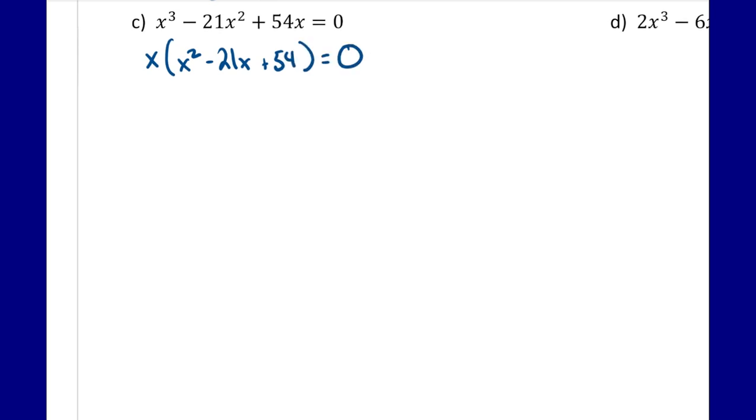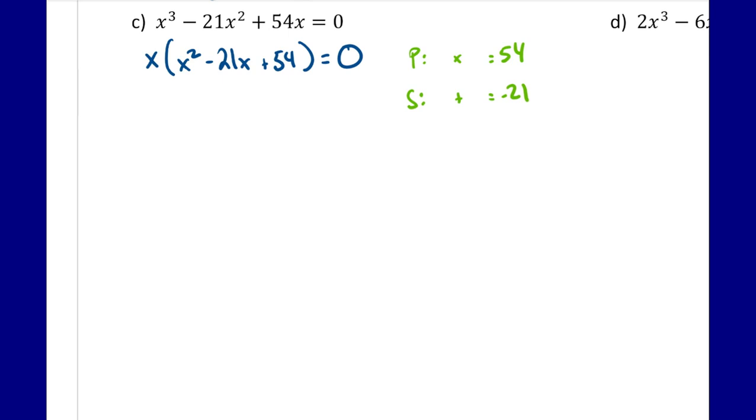Now in the bracket, it looks like a simple trinomial, so I can factor that bracket as a simple trinomial. I'm going to do the product and sum. Two numbers that multiply to give me 54, and two numbers that add to give me negative 21.